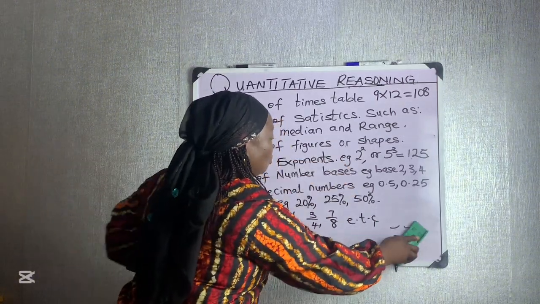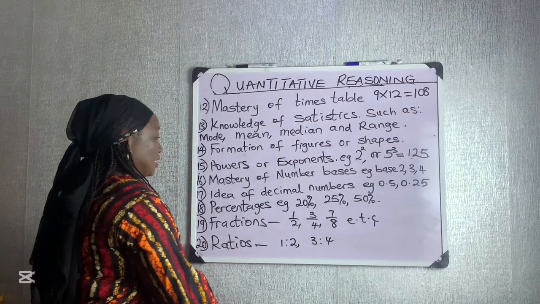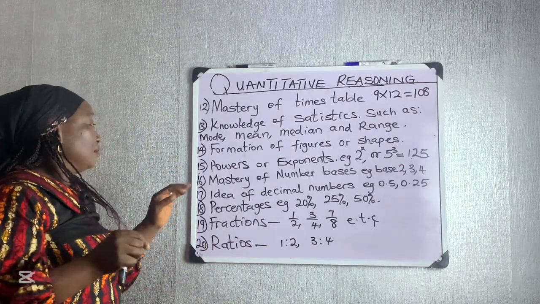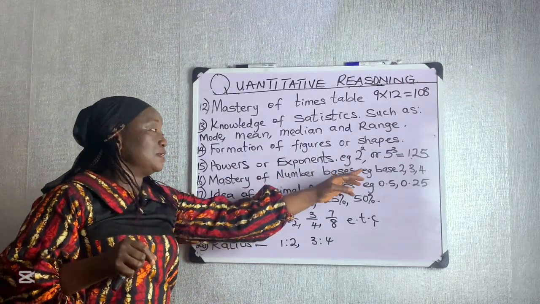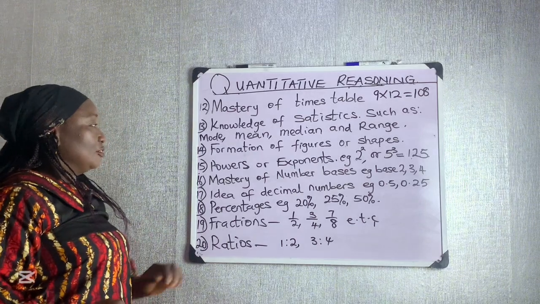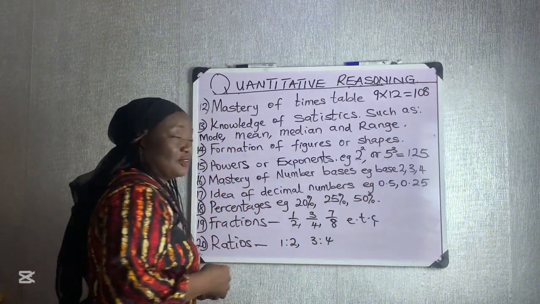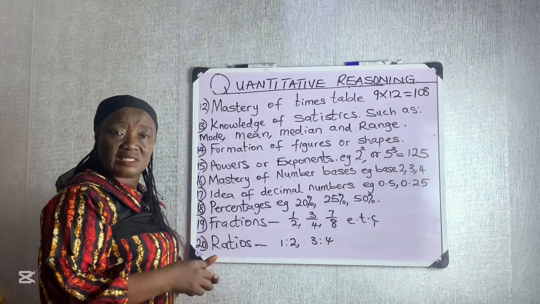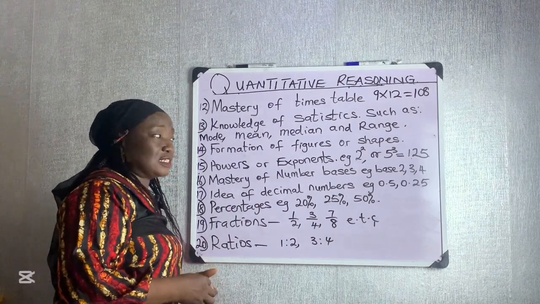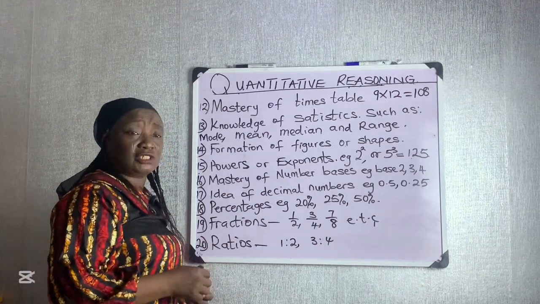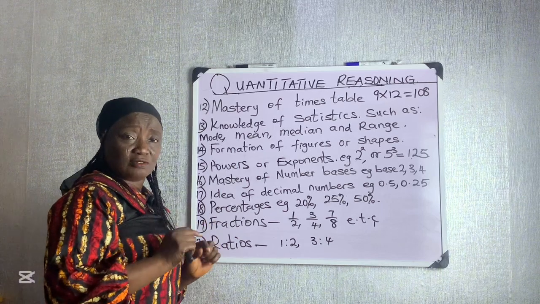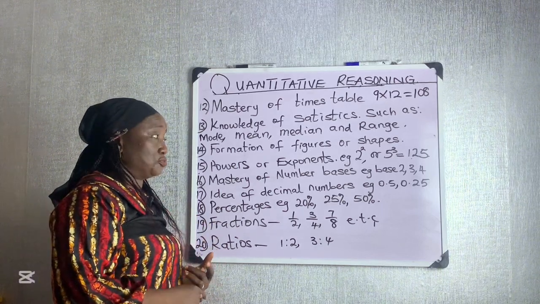Then we now move to another thing you need to think about, which is mastery of number bases, number 16. That one is telling us whether the number given to me is in base 2 or in base 3. If it is addition, you check. If it is subtraction, you know the base of the number that is being given to you.